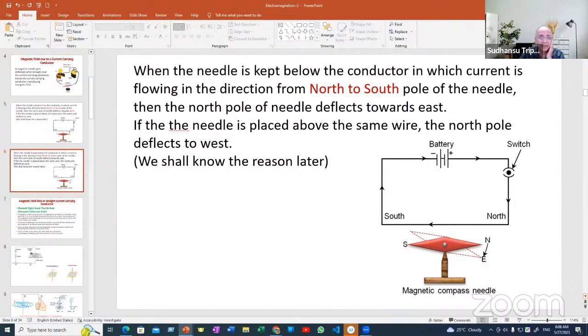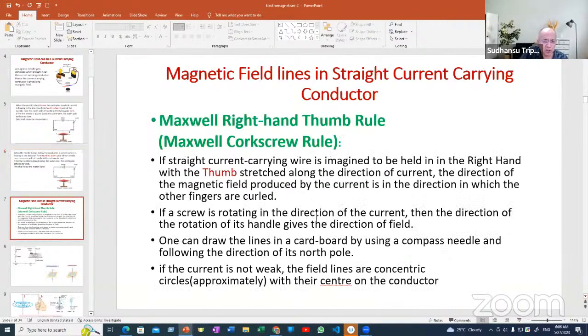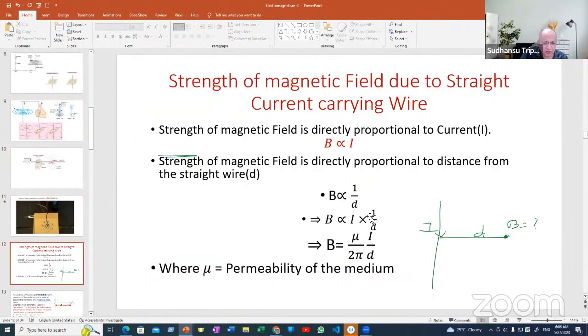So there will be a mechanical motion from a higher field region to a lower field region. And that mechanical motion has been qualitatively explained by FLR. FLR means Fleming's left-hand rule that we have studied. So in this slide, I don't think we have anything to do.